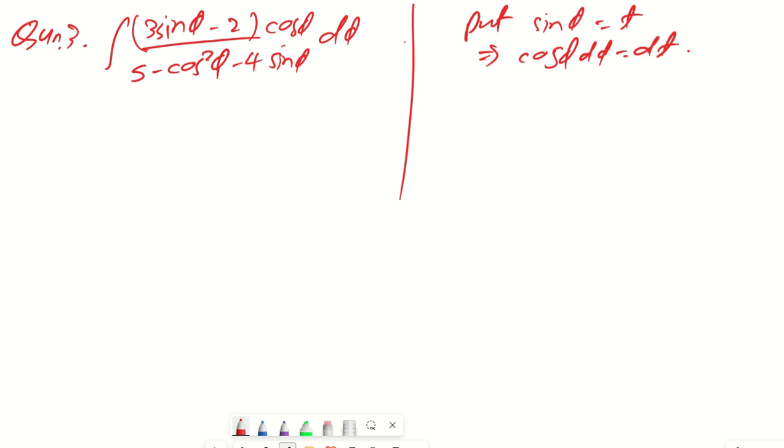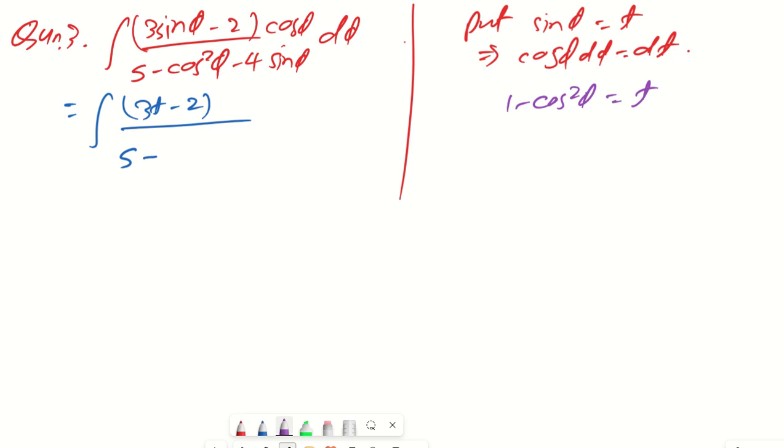So we are going to get our integration as integration of (3t minus 2) divided by (5 minus cos square phi minus 4t), since you already know that sin phi is t. We know that cos square phi plus sin square phi is equal to 1.